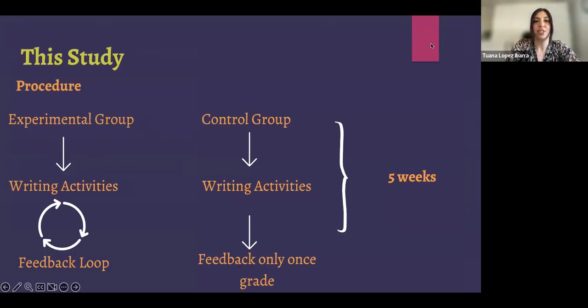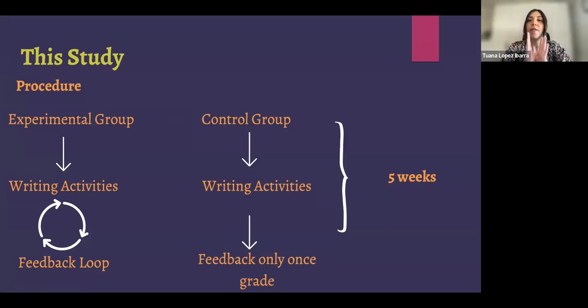And the procedure. This study followed, like we said, a quasi-experimental design. The experimental group and control group started at the same level and at the same time. Everything was the same. After they started the procedure, they practiced writing activities, using exactly the same syllabus and exactly the same activities.